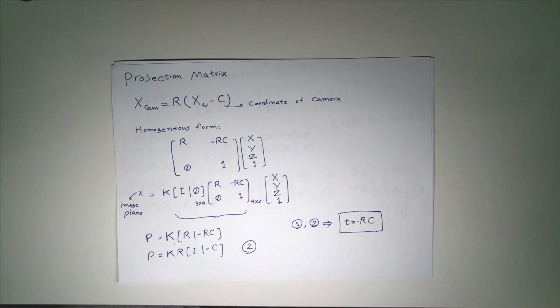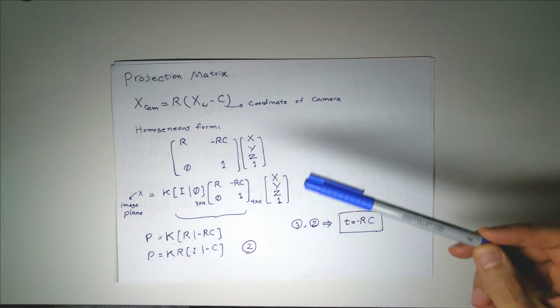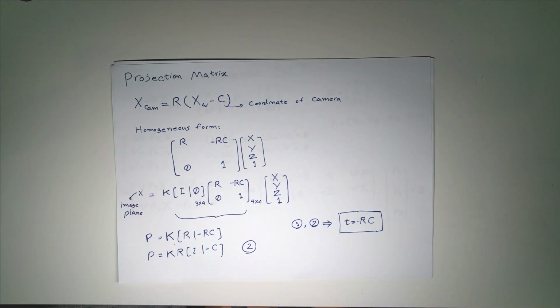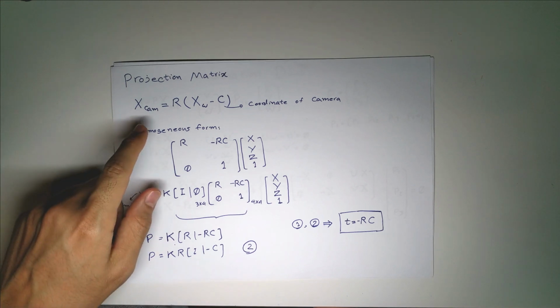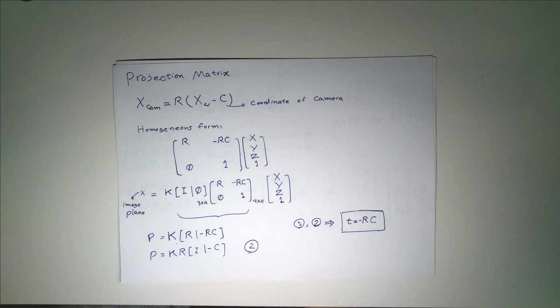If I have a point in the world coordinate and I subtract the position of the camera and rotate it, I will get the point in the camera coordinate. So X in the world coordinate minus the position of the camera, multiplied by the relative rotation of the camera relative to the world coordinate, gives me exactly the same point but in the camera coordinate.